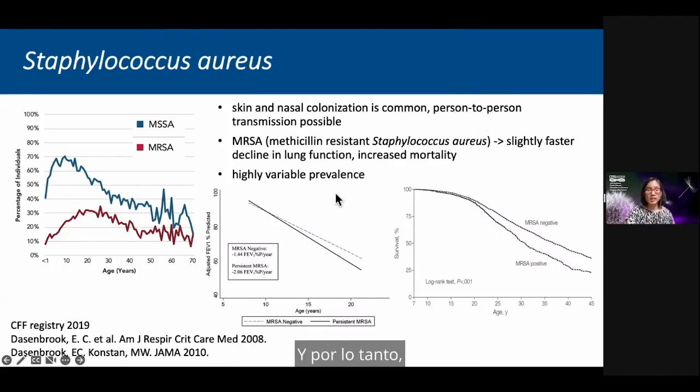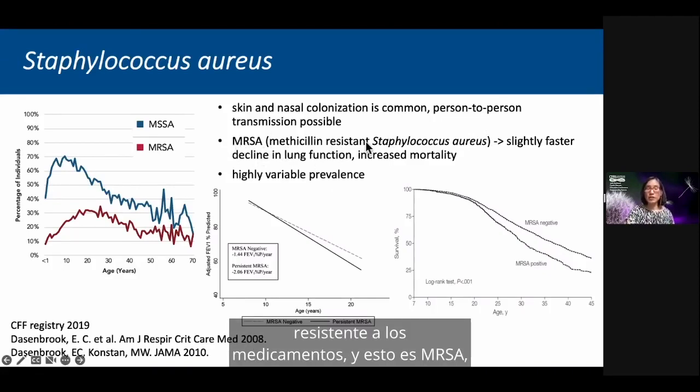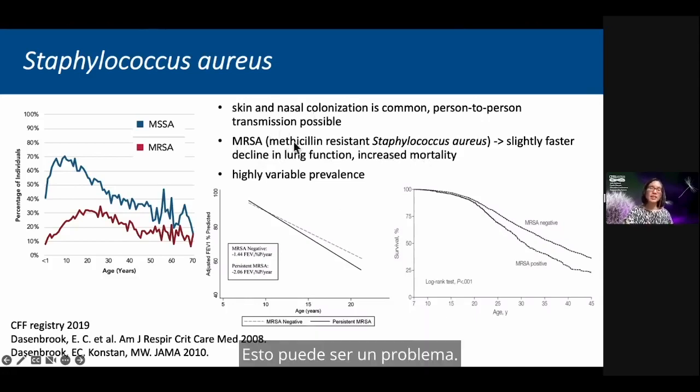And therefore, when we deal with drug-resistant Staph aureus, and this is MRSA, methicillin-resistant Staph aureus, this can be a problem, and also a problem with regards to infection control.